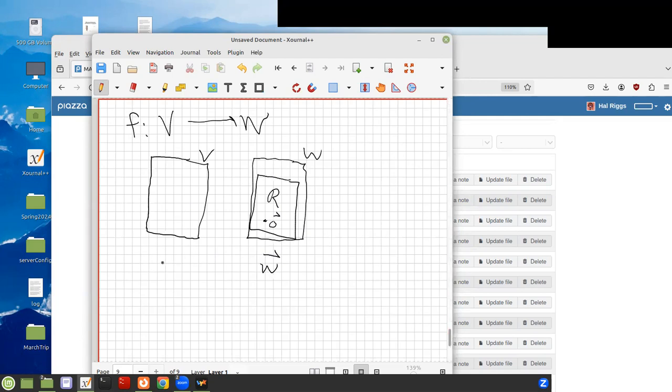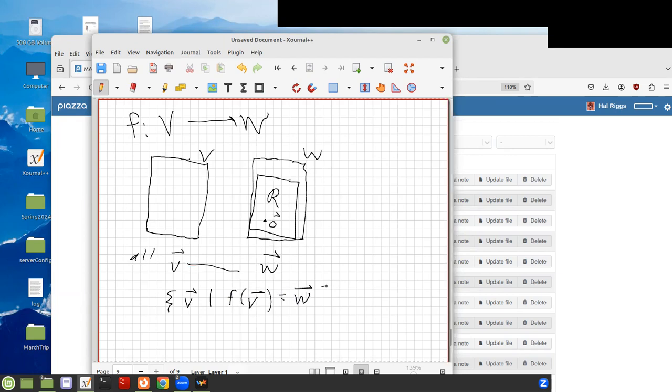The inverse image is the set of all the V's that go here. So the inverse image of W is the following set, all the V's such that F of V equals W.